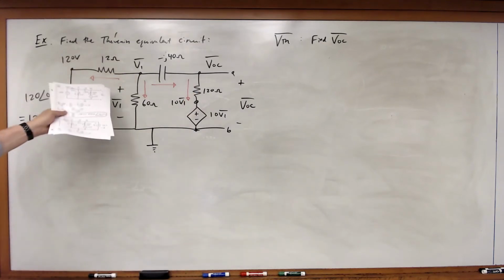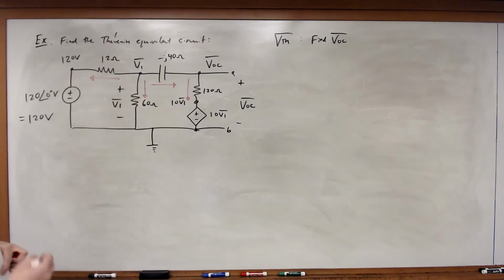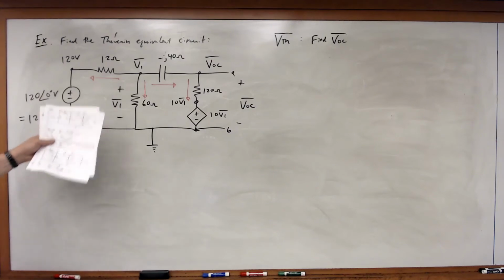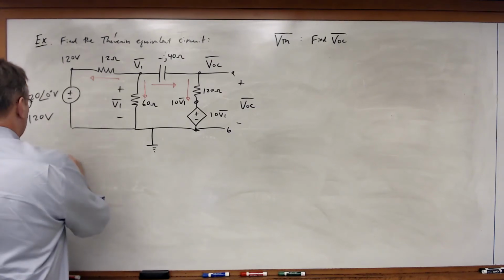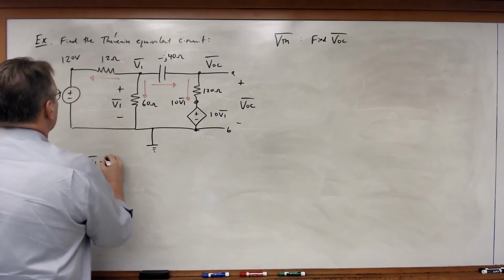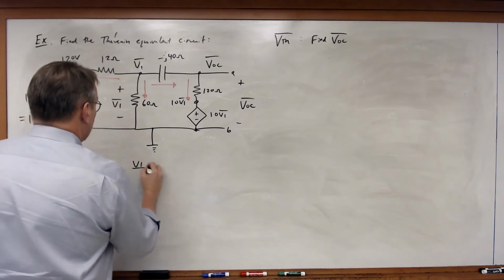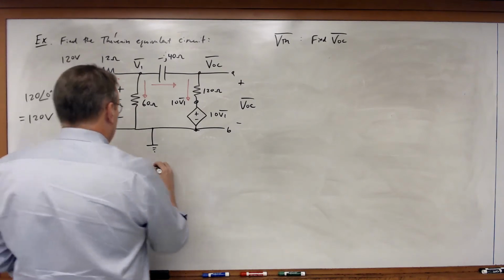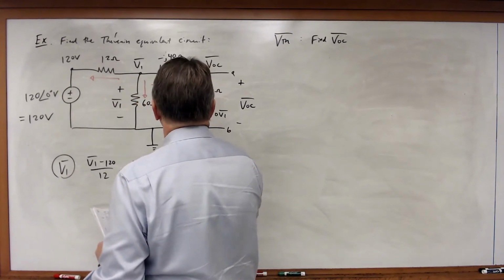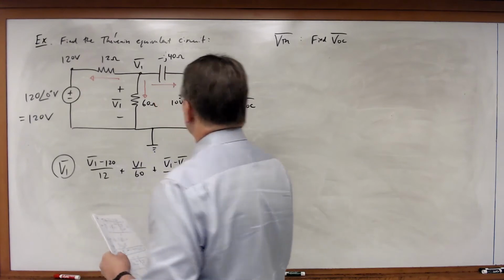And so I write a KCL equation here and also at the VOC node because I need to know the value of VOC. And so my essential node first is that for my V1, I've got V1 minus 120 over 12 plus V1 over 60 plus V1 minus VOC over minus J40 is equal to 0.